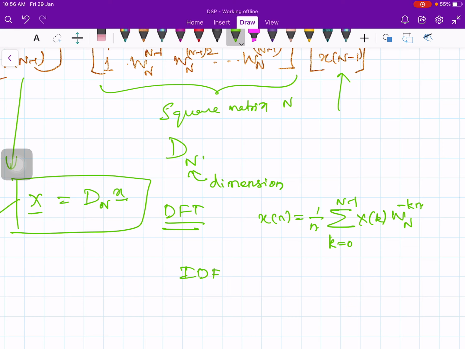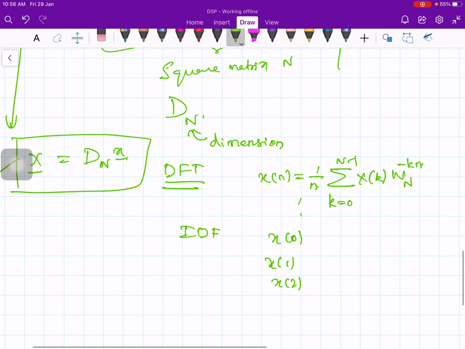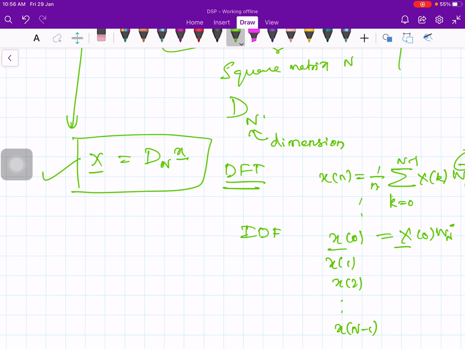If we expand this also, it has x of 0, x of 1, x of 2 and so on, dot dot dot up to x of n minus 1. In the right hand side also you have capital X of 0 times Wn power 0, everything is the same, only small x and capital X are interchanged. Instead of plus you have minus here, that's all. So that is the difference between DFT and IDFT. So interchange these two.